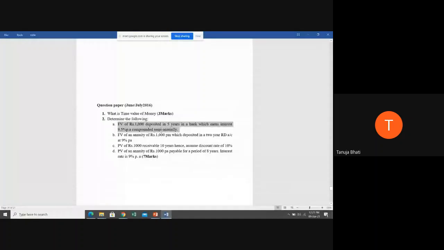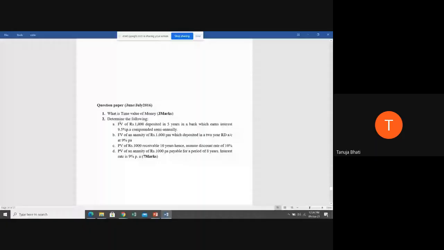And students, see, they are asking determine the following. So determine the future value of 1000 deposited. Okay, now since it is the first question, we will solve it sub question wise.